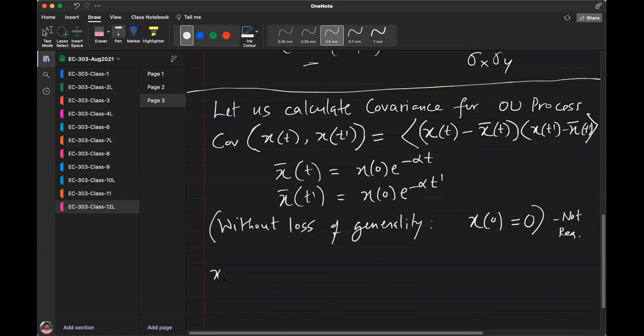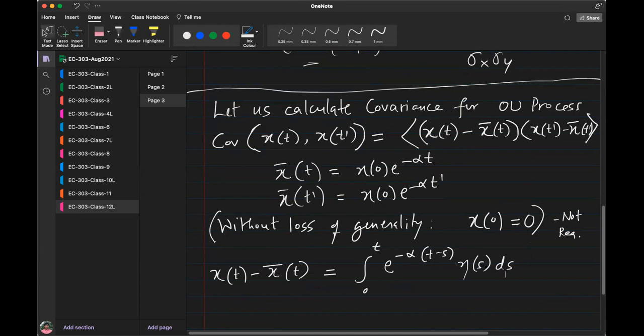Okay, so now what we will do is just calculate this: xt minus x bar t is basically equal to the integral 0 to t of e power minus alpha. Let me just warn you, there is some amount of algebra now.